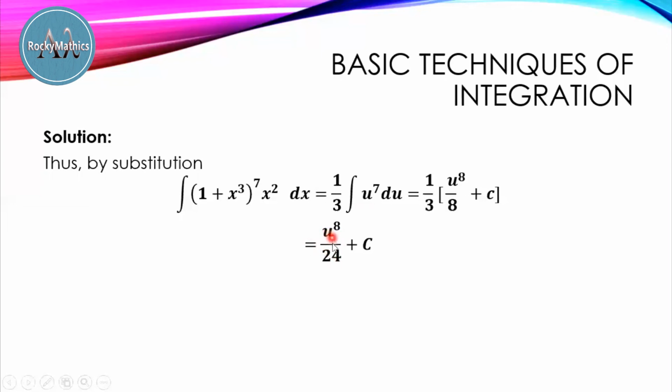So the final answer is 1 over 24 times the quantity 1 plus x cubed raised to 8 plus c. This is now our indefinite integral of the given problem. As you can see, this is how we solve the indefinite integral using the substitution method.